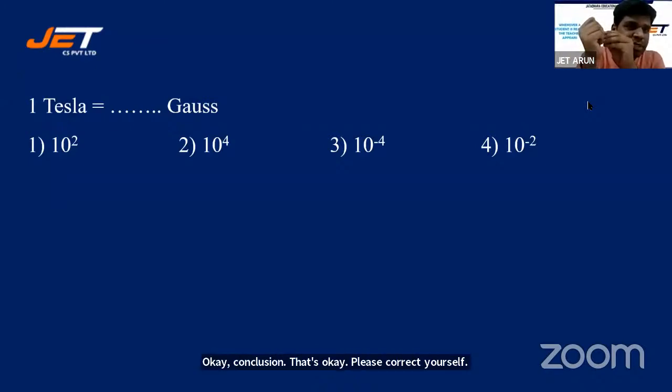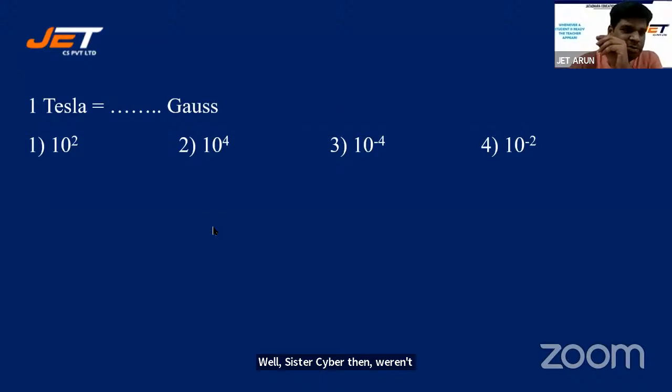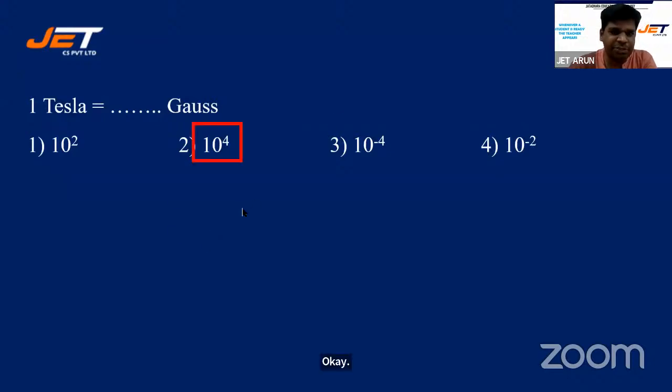Who else is here? Saivardhan, Varun, Tej, Gautami. I'll give you 5 more seconds, students. There are students who are not participating yet. All right. 2 is absolutely right, students. 1 Tesla is 10 power 4 Gauss, or 1 Gauss is 10 power minus 4 Tesla.